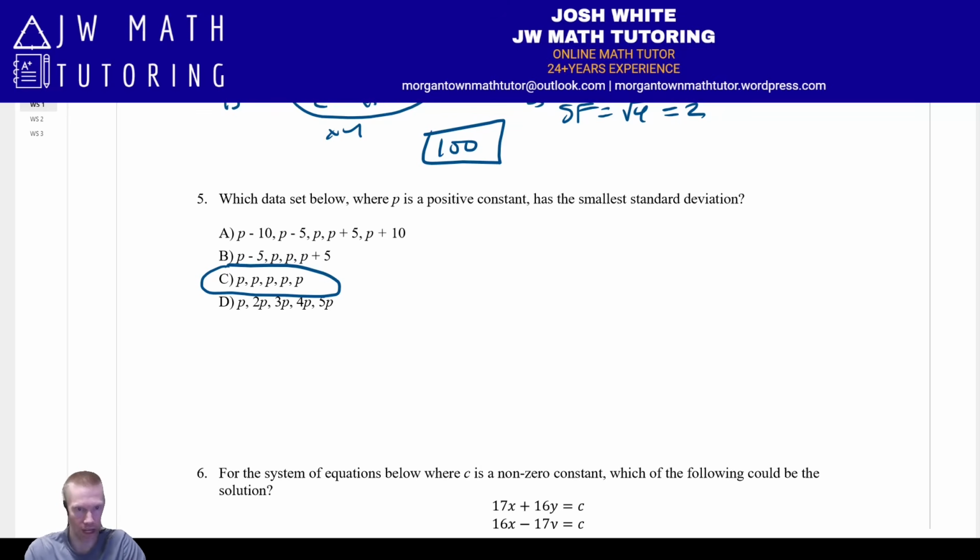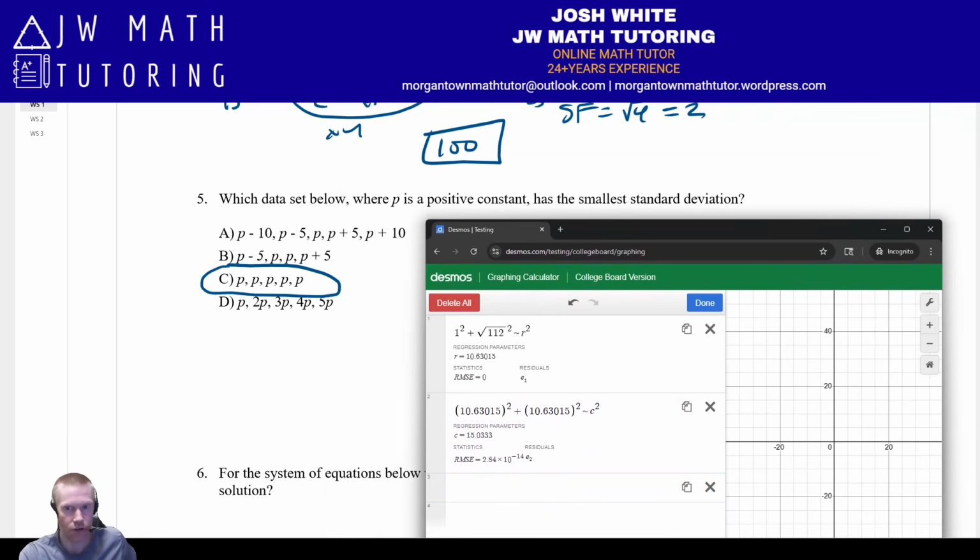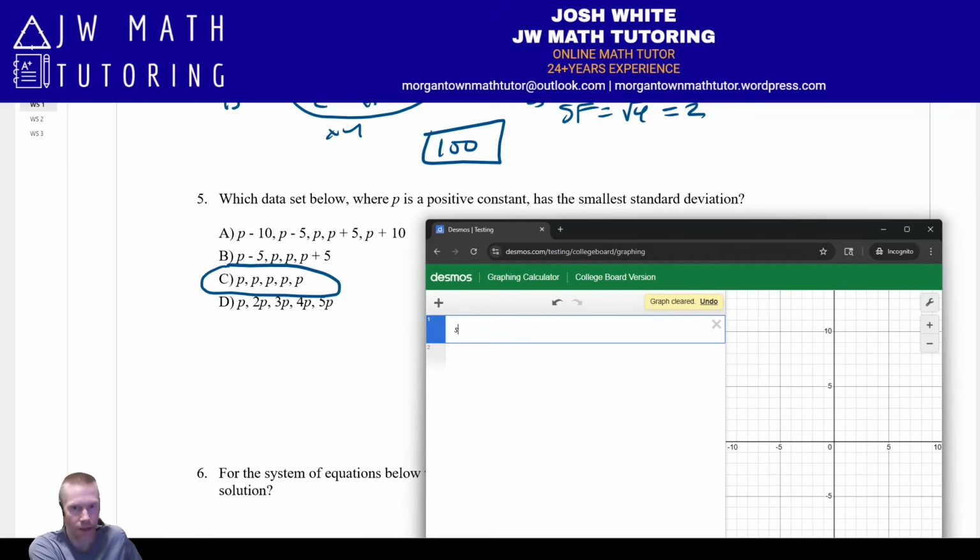However, if you weren't sure about that, you could go to Desmos and use the standard deviation function, STDEV, and you want the P at the end because that is standard deviation of a population. You do not want just this right here. That's standard deviation of a sample. Okay, so you could type P minus 10, P minus 5, P plus 5, P plus 10.